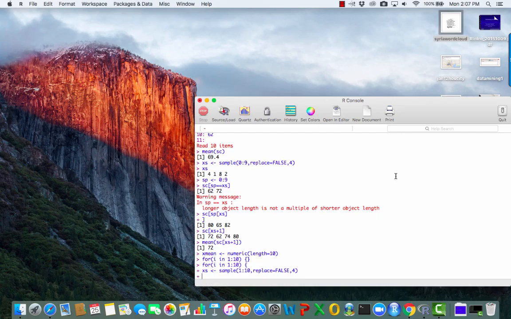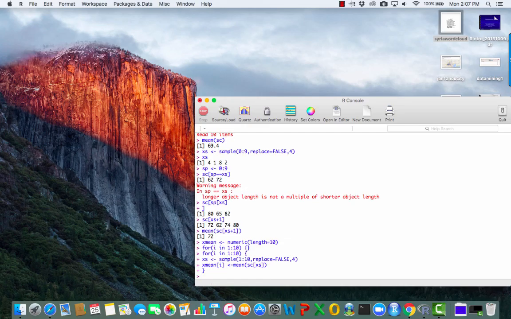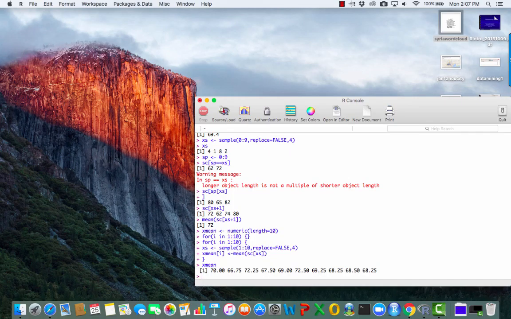And I want X mean for that step to be the mean of SC of XS. Okay, and let's look at X mean. There. And they want us to do the histogram.